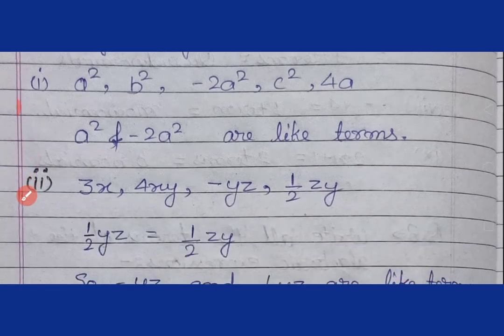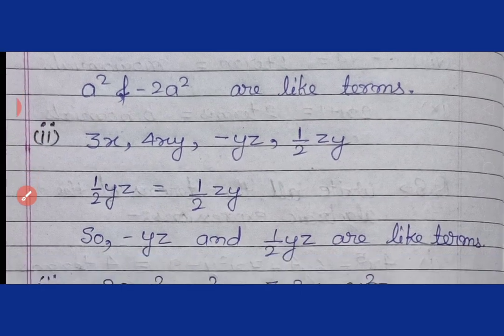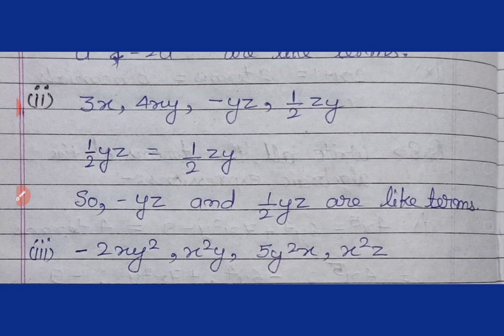Next question. 3x, 4y, -yz, 1/2 zy. So we have to know that 1/2 yz is equal to 1/2 zy. In multiplication we can change the position of the numbers. You can think 2 multiplied with 3, or 3 multiplied with 2, the answer will always be 6.